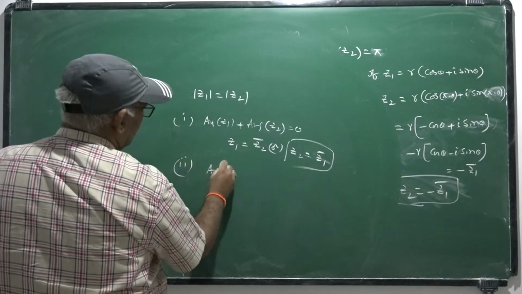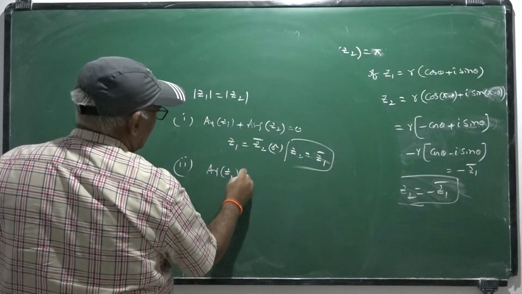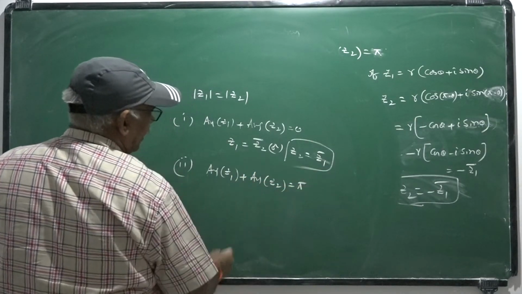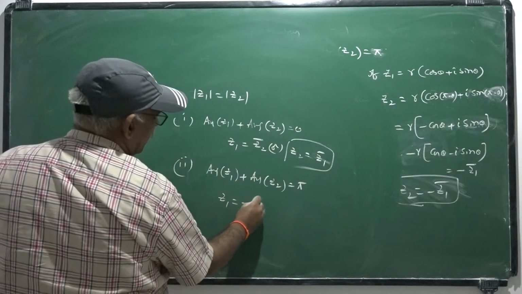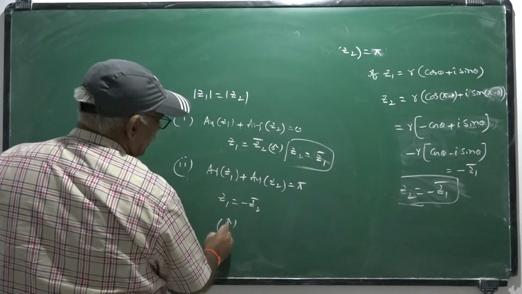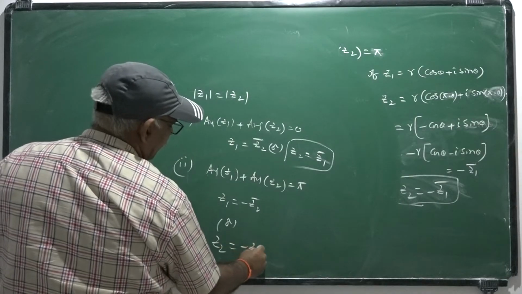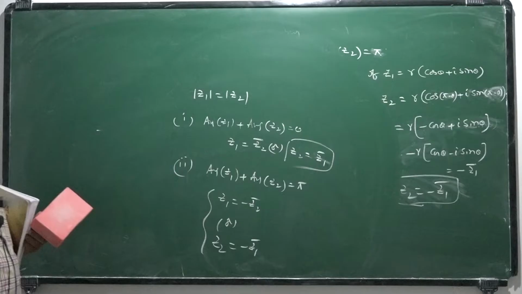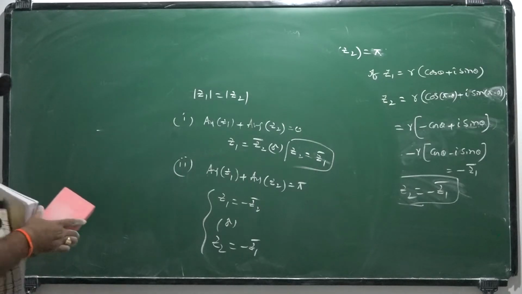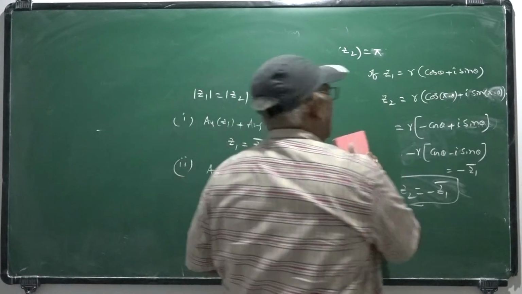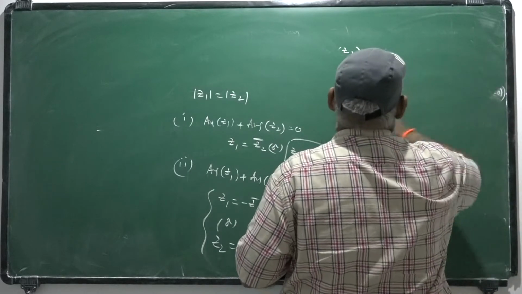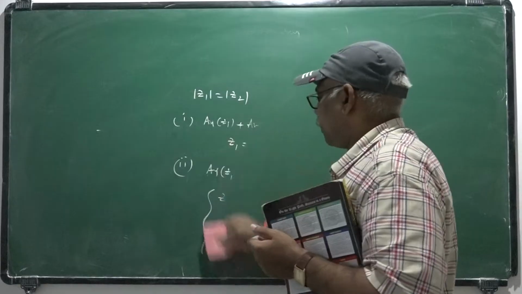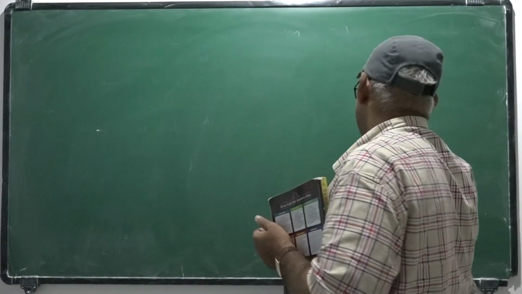In case the argument of z1 plus the argument of z2 is pi, in such case z1 is minus z2 bar or z2 is minus z1 bar. So that should be observed. This is one important concept related to the argument of complex numbers.